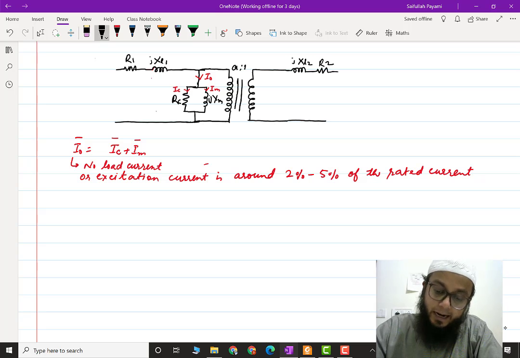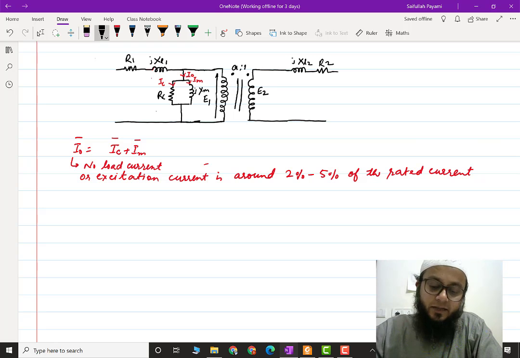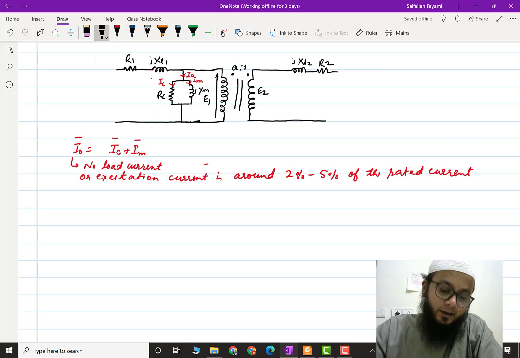At the windings we have the induced EMF E2 at the secondary side, with the dot here and here, and E1 at the primary side. E1 is the induced voltage at the primary side and E2 is the induced voltage at the secondary side.